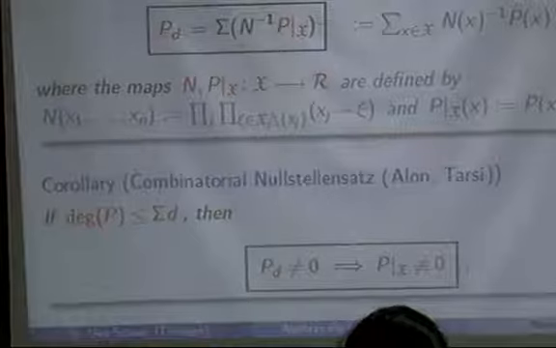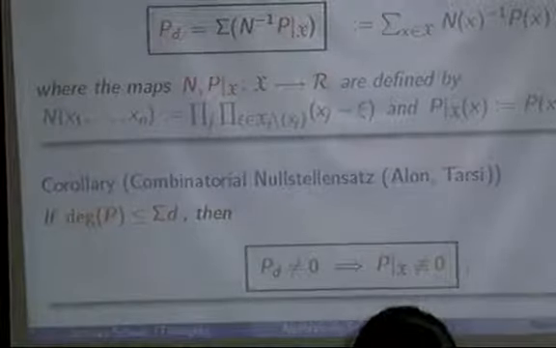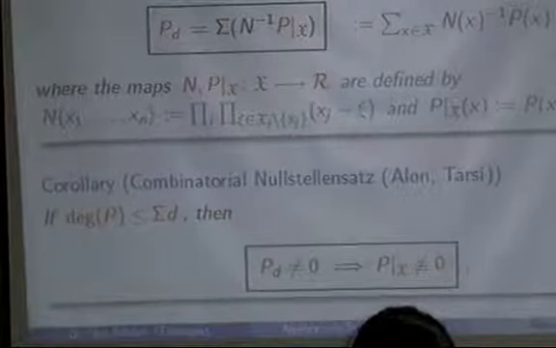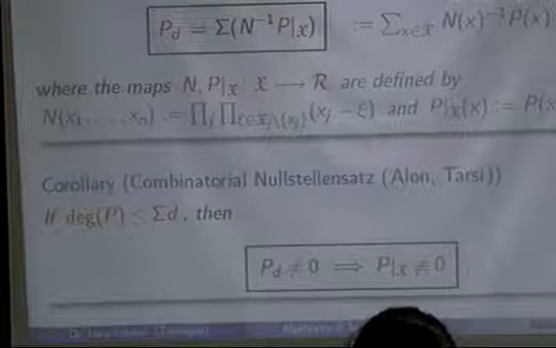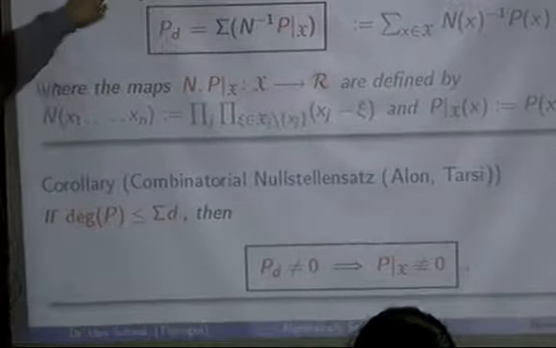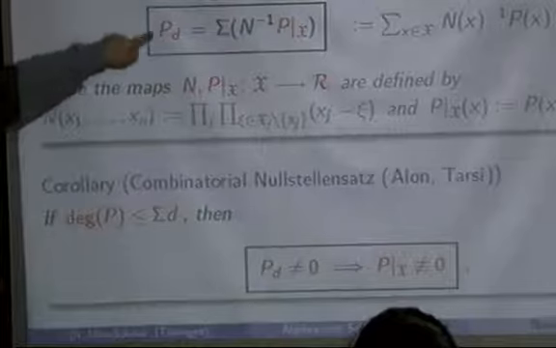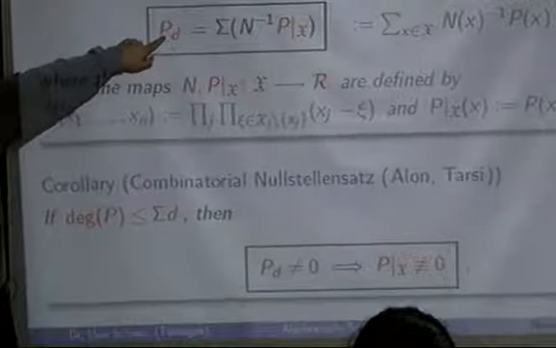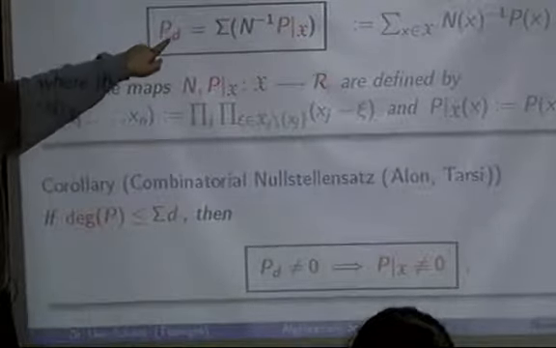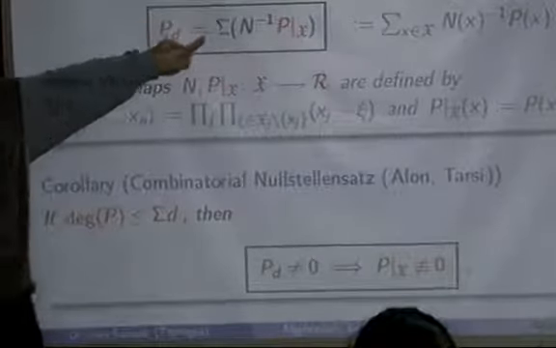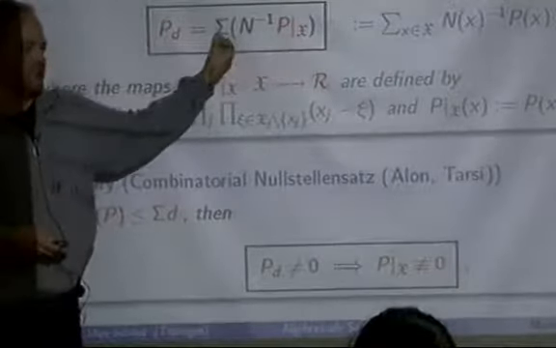That's the combinatorial Nullstellensatz. And the other corollary is if you take here 0, so for example, if the degree is strictly smaller, then this is 0. It belongs to a monomial of maximal degree, and then there cannot be exactly one summand which is different from 0. So you get this theorem here, as a corollary.